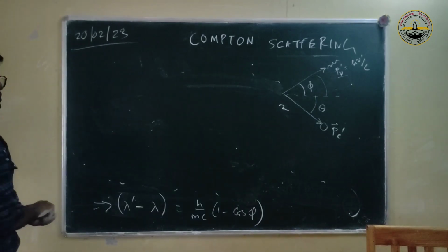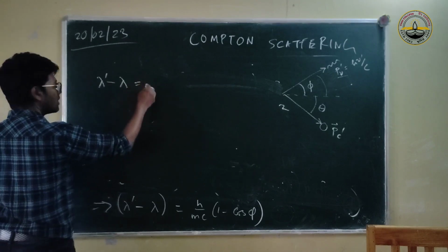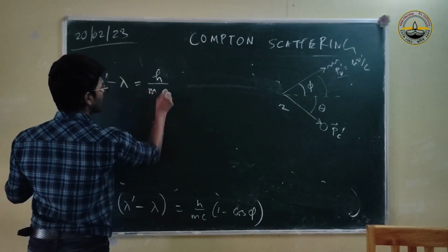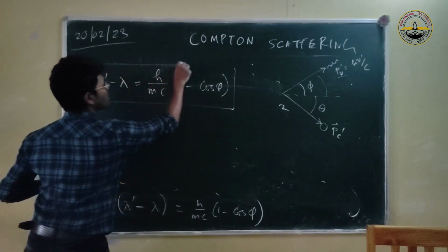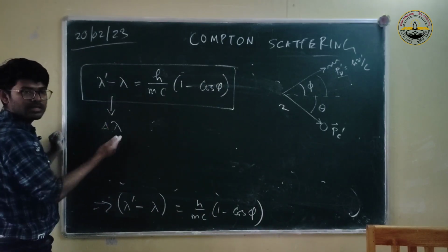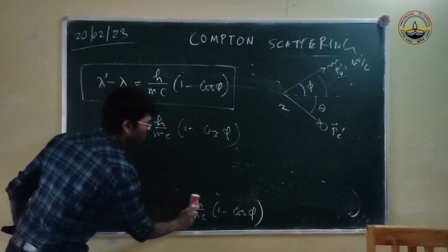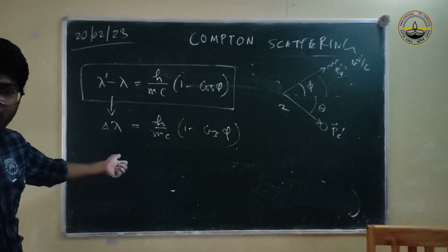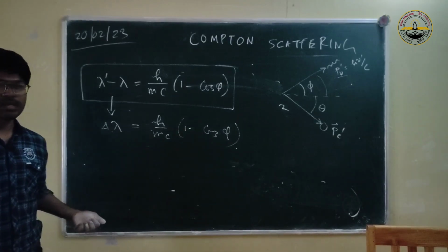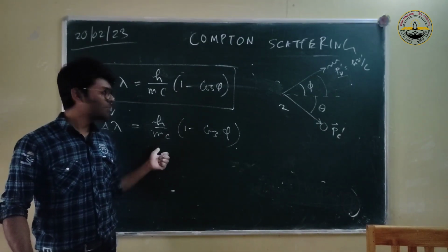And it's interesting, now we will see why actually he used X-rays. Let's call this delta lambda, the change in wavelength. So what is the maximum change that can happen really? Looking at this formula, what will be the maximum value of delta lambda? H by mc.